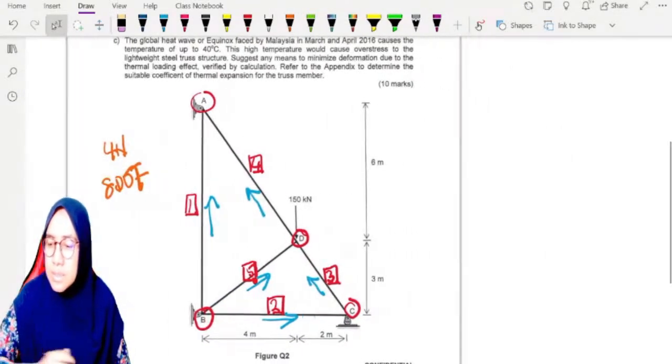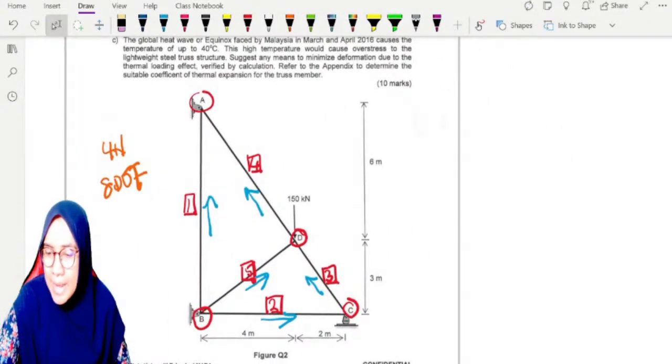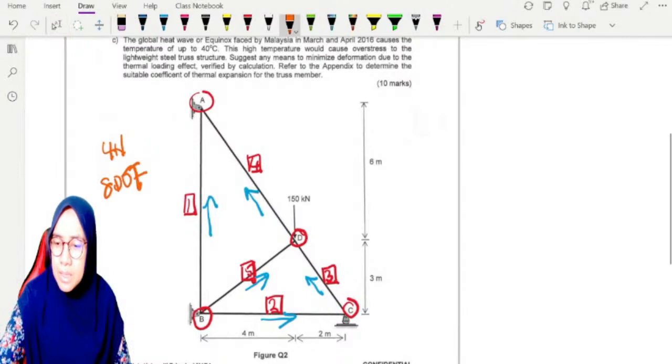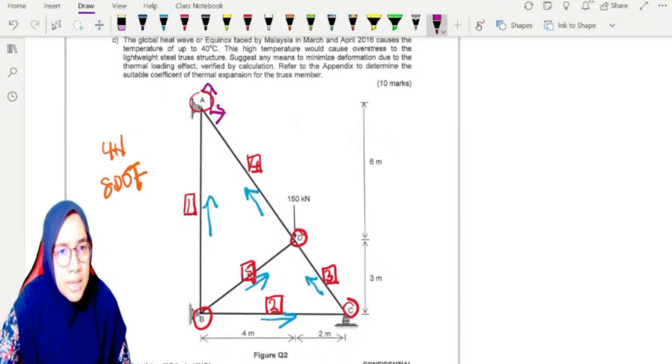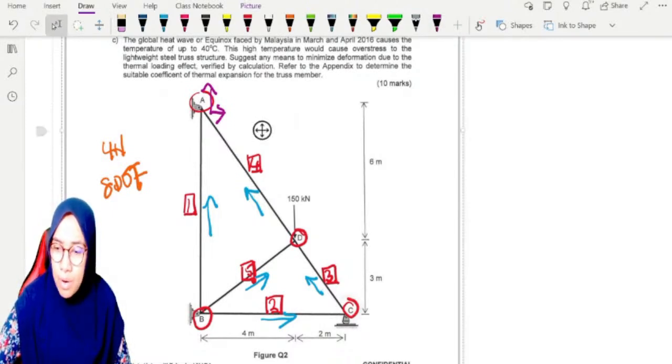So in this question at A, there are 2, representing degrees of freedom in the constrained system. Another 2 will be put at B, again representing support reactions at the support.